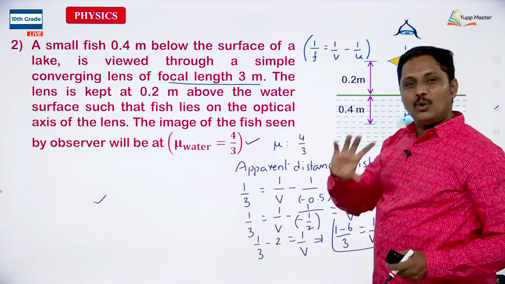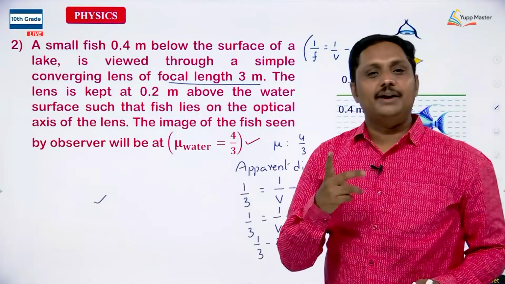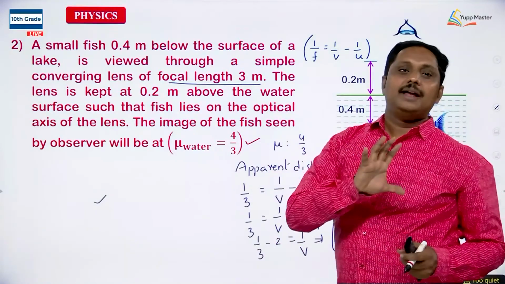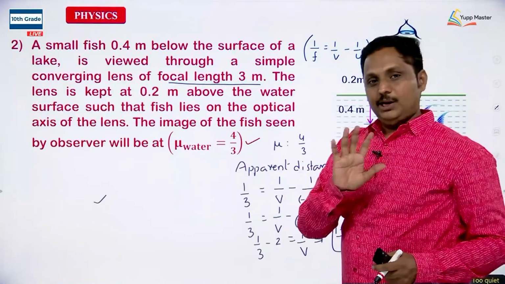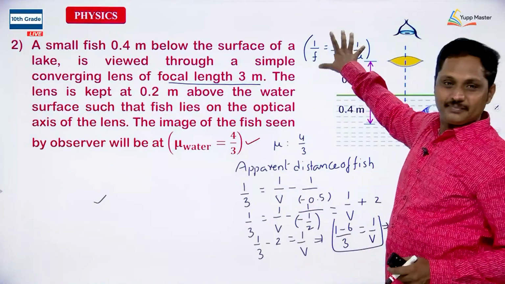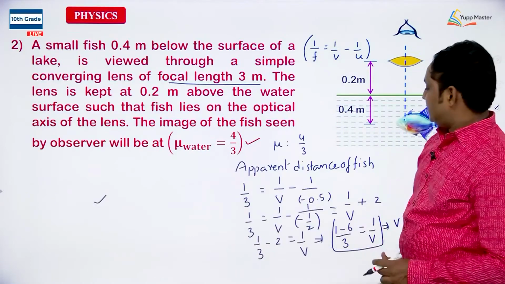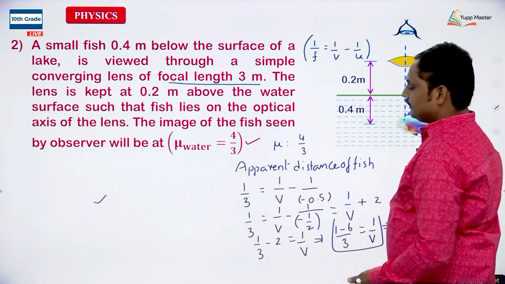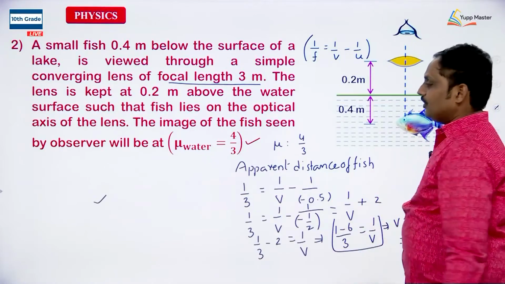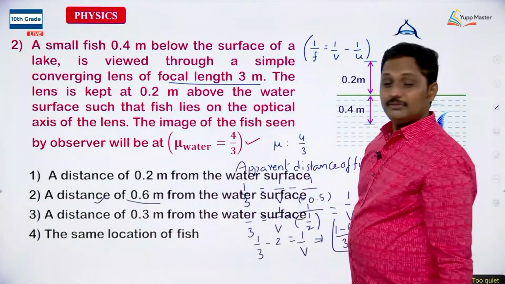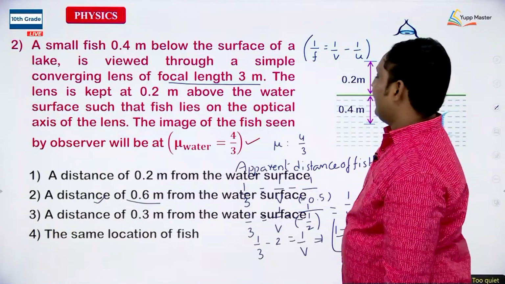At the same time you want to find out that v value, that is nothing but the image of the fish, where it has been located. You can apply that formula because they have given the focal length, it is very clear. After applying all these things, just you can get these calculations and the final answer has been confirmed. This is the final answer, very clear.